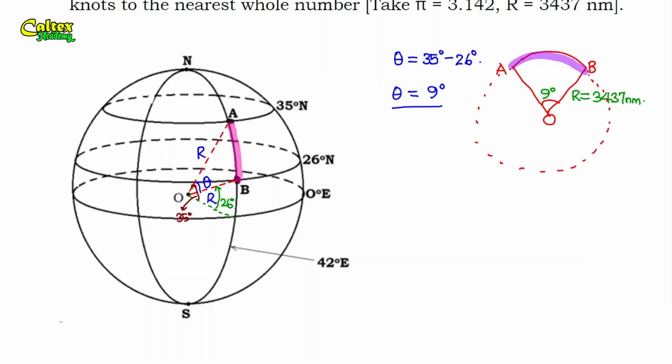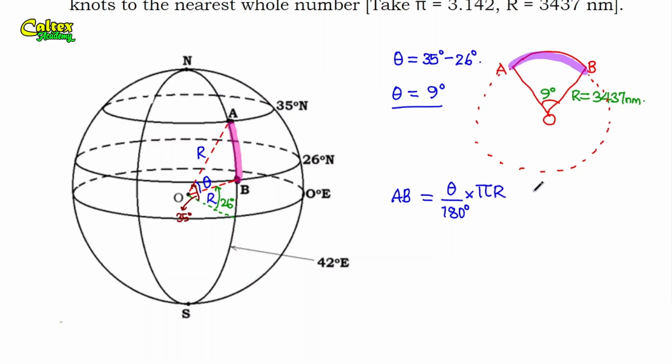Now, let's go ahead and quote our formula saying our arc AB is given by the central degrees. And there are two ways of quoting this formula. One, you can use 180 degrees as the denominator, and you multiply it by pi r, where r is the radius of the earth.